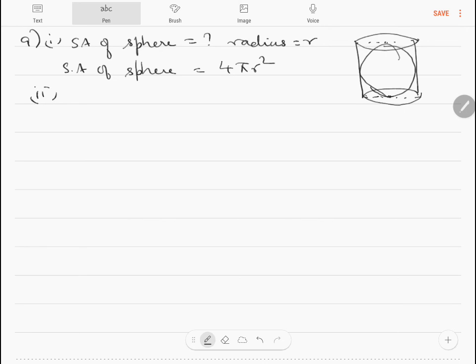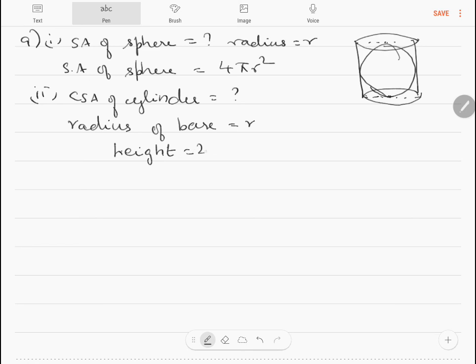Problem number 2. The curved surface area of the cylinder is asked. The radius of the base is equal to r. Here the radius will be equal to the distance. So here the height is nothing but 2 times r. This is one r, and this is the other r.